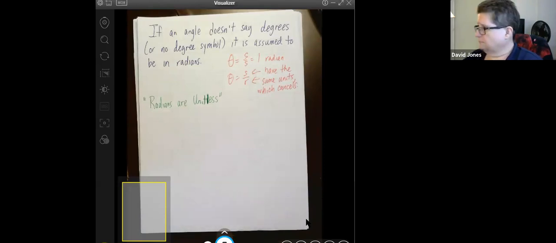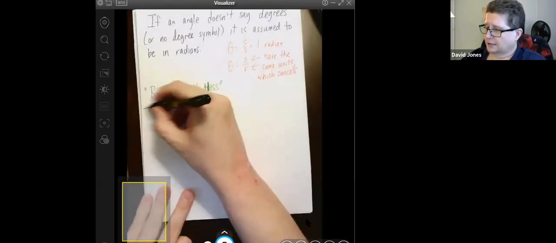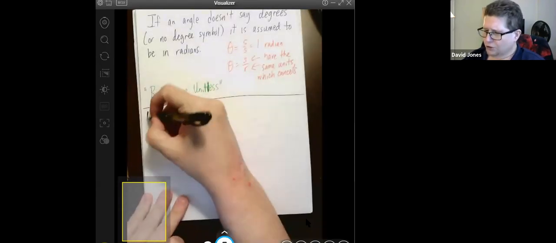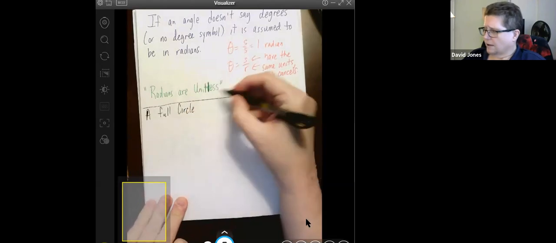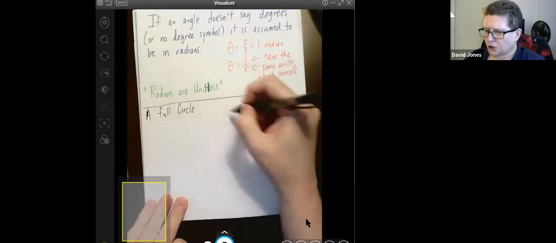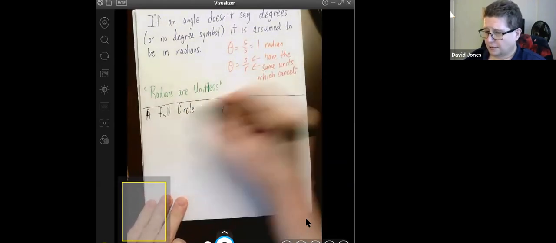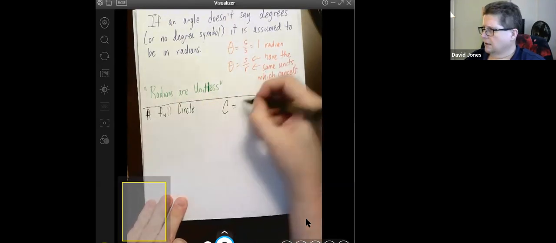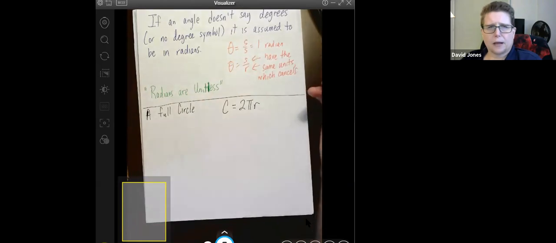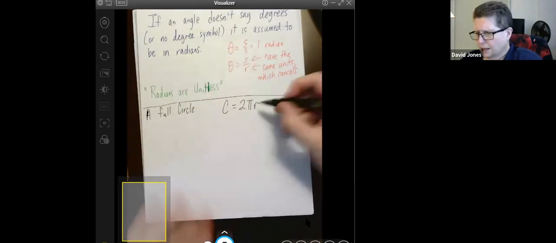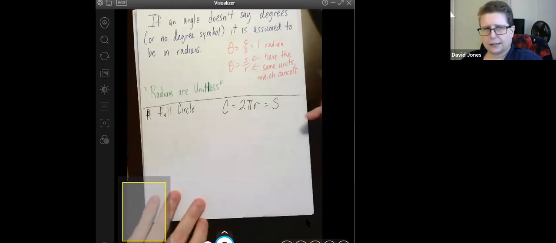So take this a little bit further. Recall a full circle. If we go all the way around the circle, we're talking about the circumference, right? And recall that's 2 pi times the radius. But if we do the full circle, that's also equal to the arc length. The arc length is the distance around the circle, or distance around an arc.